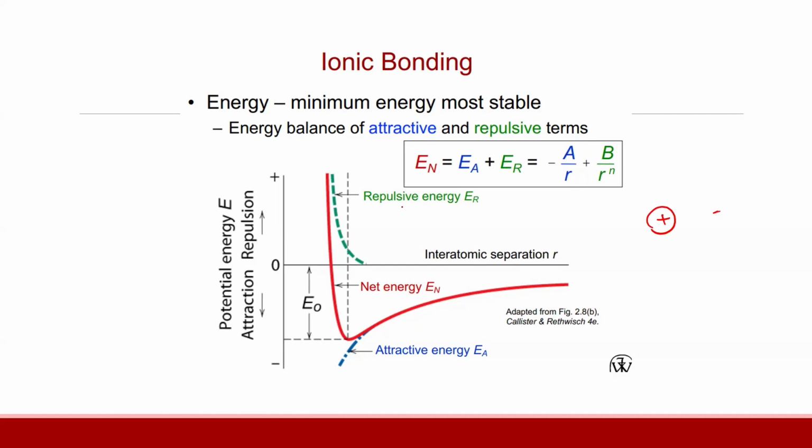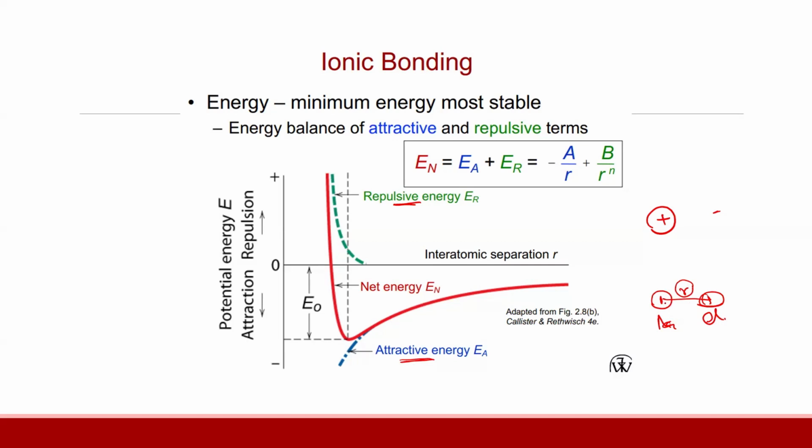So we have repulsive forces and also attractive forces. When you consider two atoms or two ions together, sodium and chlorine for example, they can't come closer; the distance R between them is defined by the attractive forces and repulsive forces.